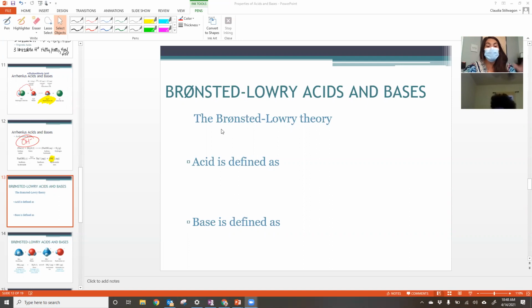But the Bronsted-Lowry theory agreed and said acids donate hydrogen. Okay, so the Bronsted-Lowry theory of acids is an acid is defined as a substance that can donate hydrogen.